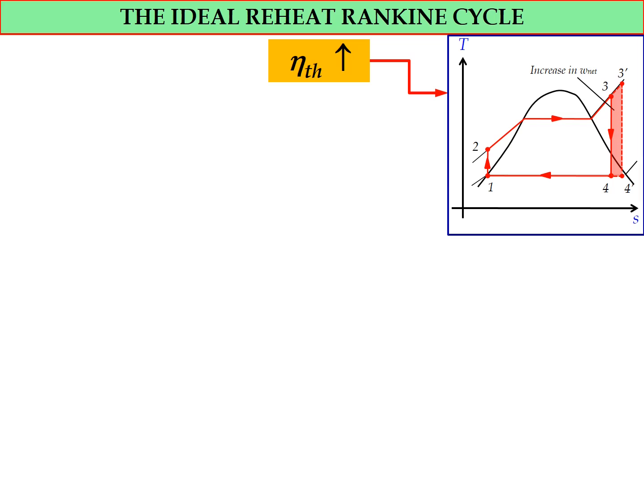One of them is by superheating the steam at the boiler, where we increase the temperature of the steam so that the temperature of the steam at the inlet of the turbine will be higher, as shown in the TS diagram, from T3 to T3 prime.